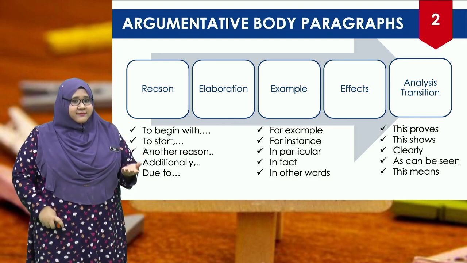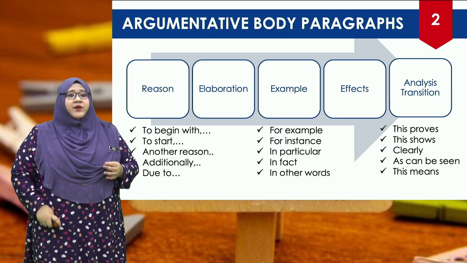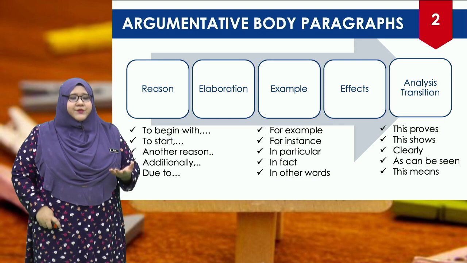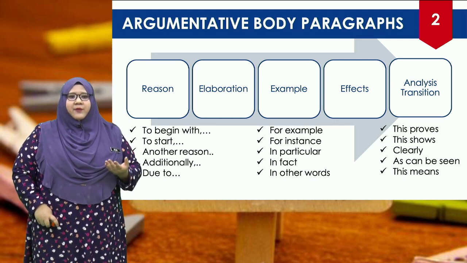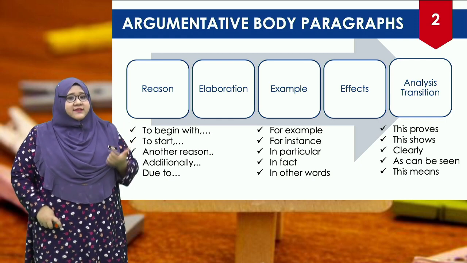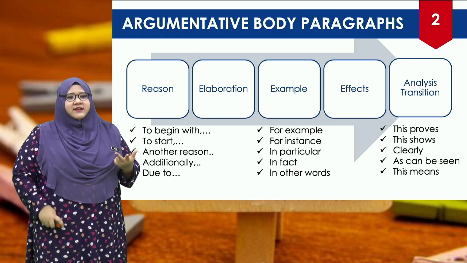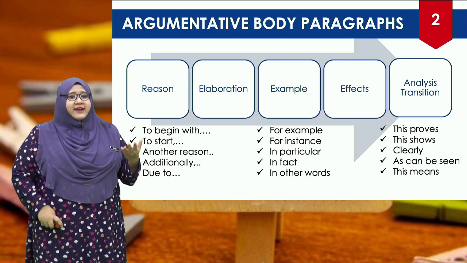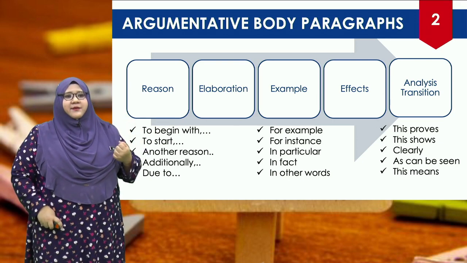Still with me? Okay. As for examples, you can introduce your examples by using transition words like for example, for instance, in particular, in fact, or in other words. If you have many examples, mix it up.